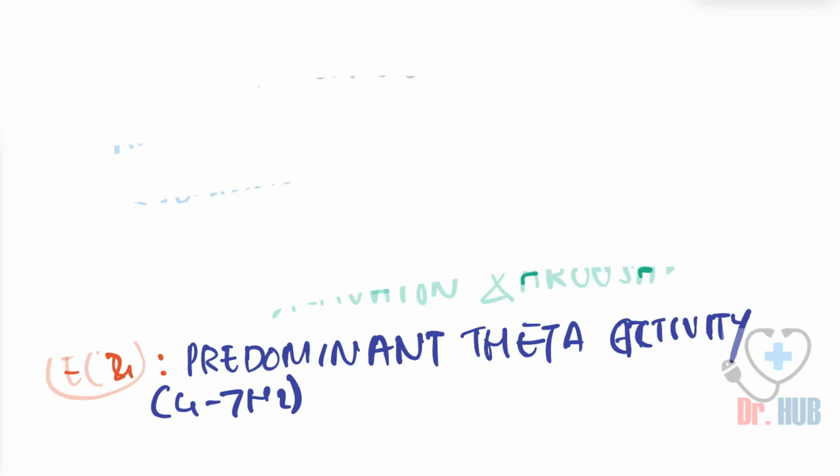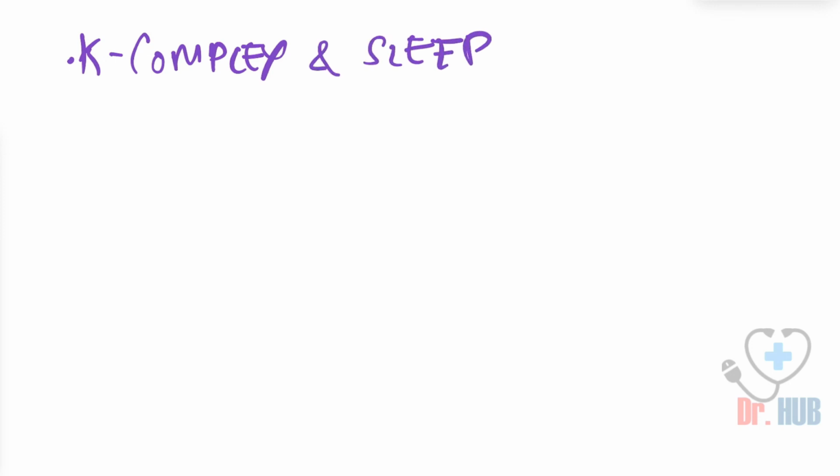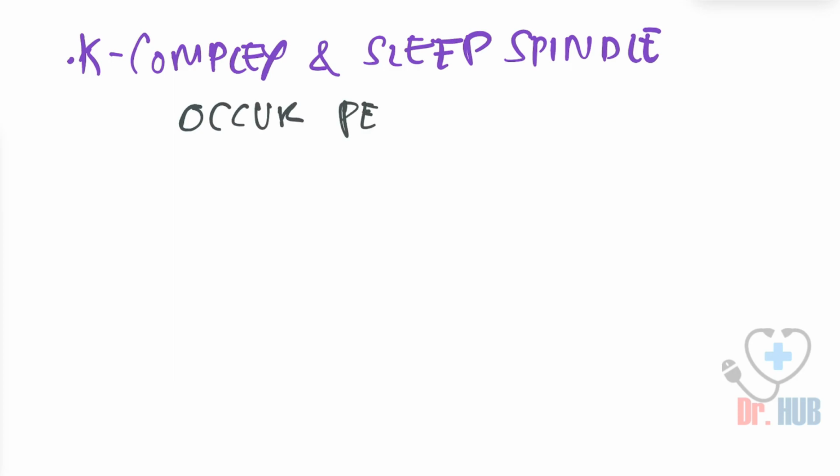And in NREM2, there is also something known as the K complex, as well as the sleep spindle. The K complex and the sleep spindle occur periodically.